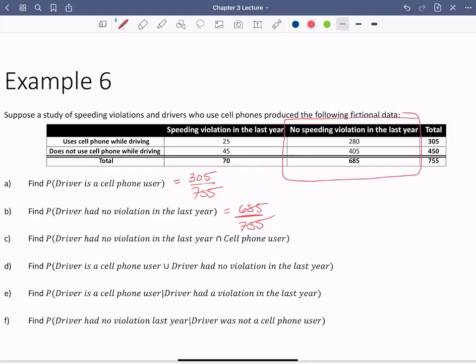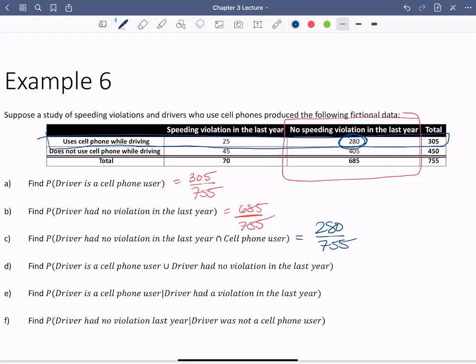And has to be a cell phone user, looking at that row. So where do they intersect? Right here. Here's the intersection, 280. So this one is 280 divided by, again, 755. It doesn't say given they were anything, it just says of these people. So it's 280 divided by 755.